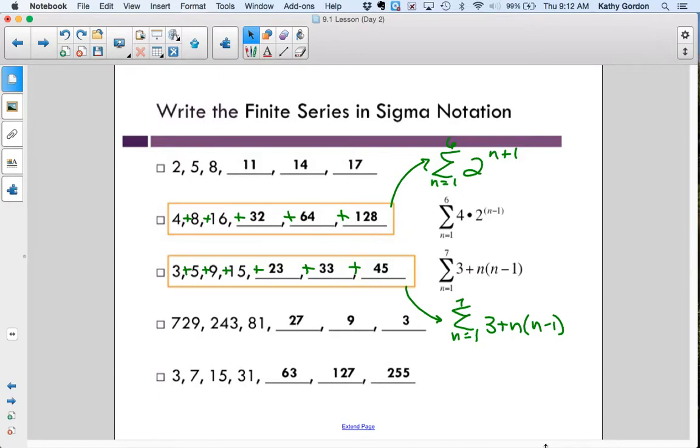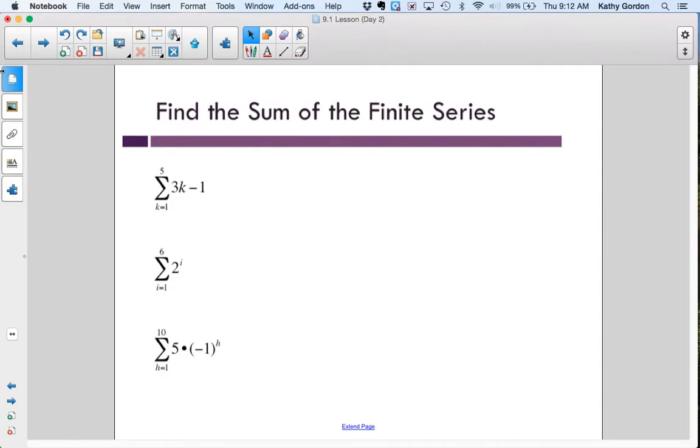All right, let's turn it around. I'm going to give you the sigma notation, and you need to come up with the sum. Go ahead and try all three of those. Let's see what you get for an answer.